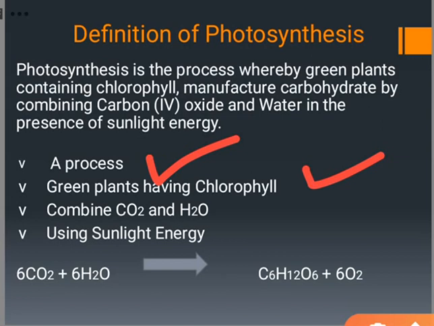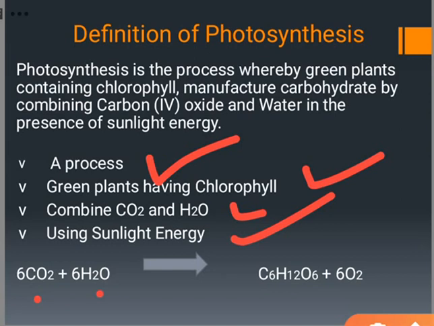And it is with the chlorophyll that they combine carbon dioxide and water. So if you look at the chemical equation here, this is our carbon dioxide, and you can see water.